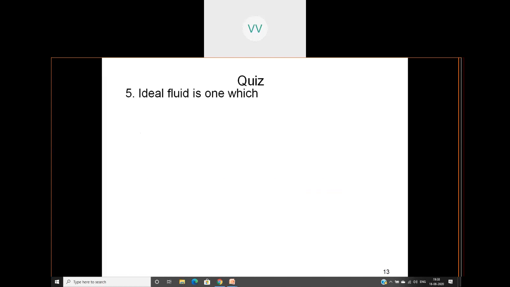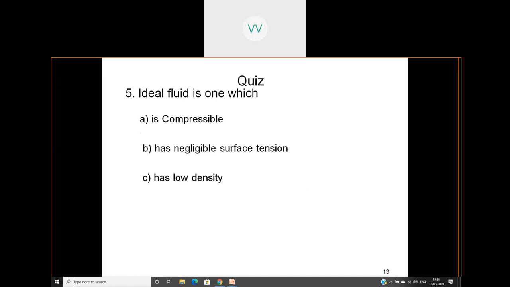Let us check. This is the correct option, students. And next, the ideal fluid is the one which is incompressible, has negligible surface tension, has low density, and is non-viscous. Practically, any fluid being non-viscous is not possible, and incompressibility is also not possible.